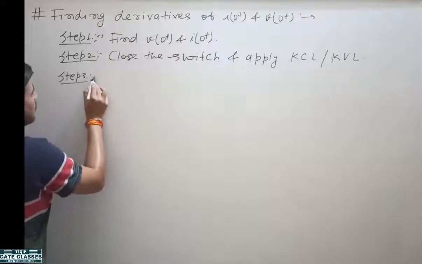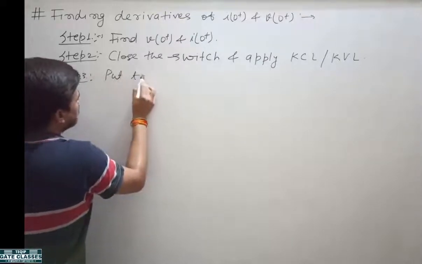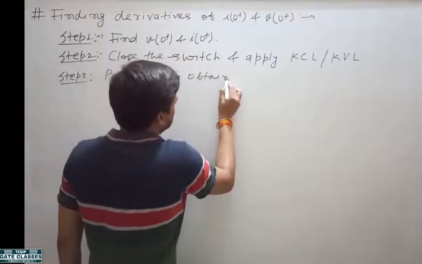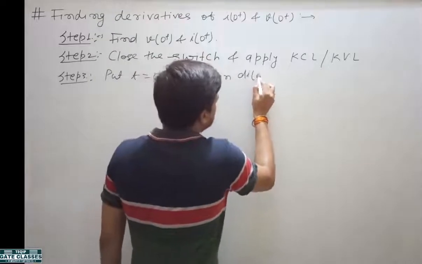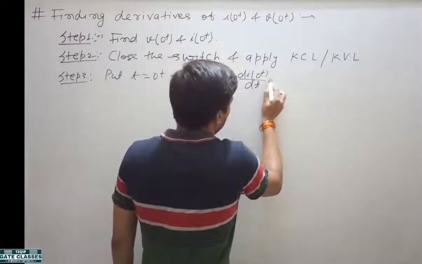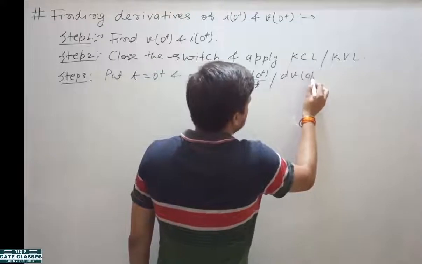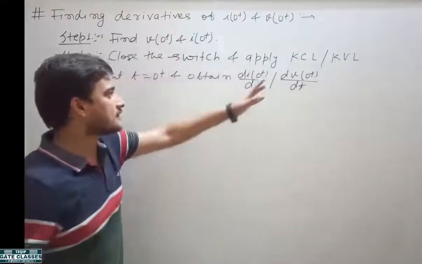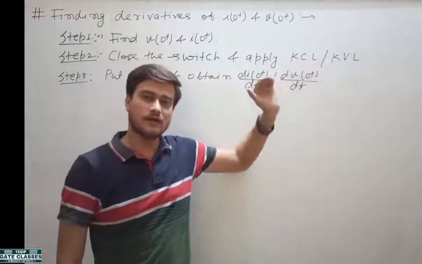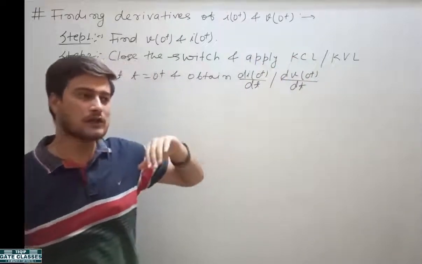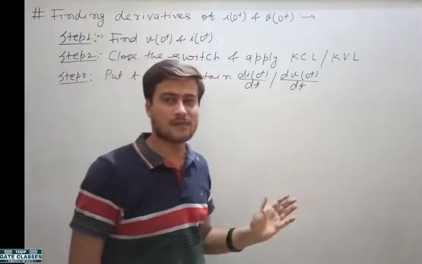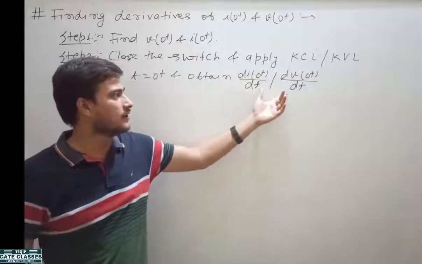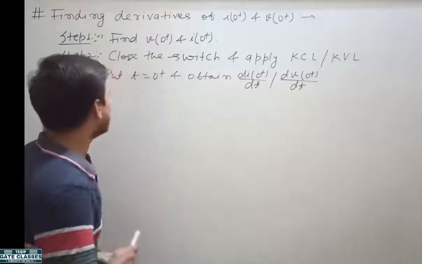Step 3, put t equal to 0 plus and obtain di 0 plus upon dt or dv 0 plus upon dt. From the obtained KCL or KVL equation, we will put t equal to 0 plus, and put all the values of different components, that means R, L and C.